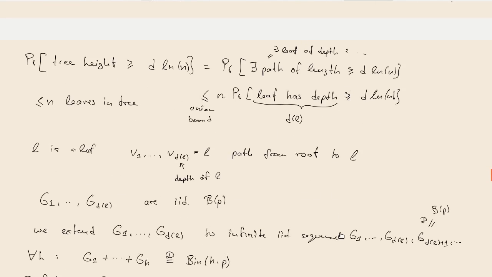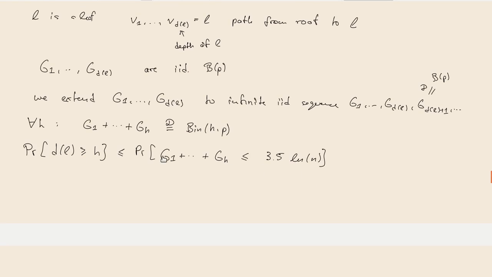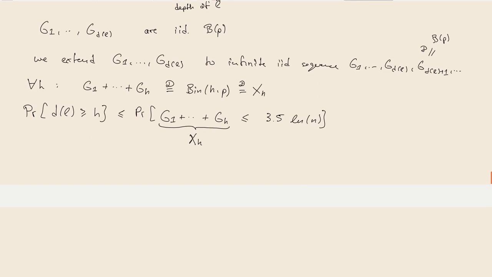So if this leaf is to have this depth h, then on the first h g's we can't have more than so many ones. Now let's give this a name, X_h, which has this distribution. It's just more convenient for the next steps.